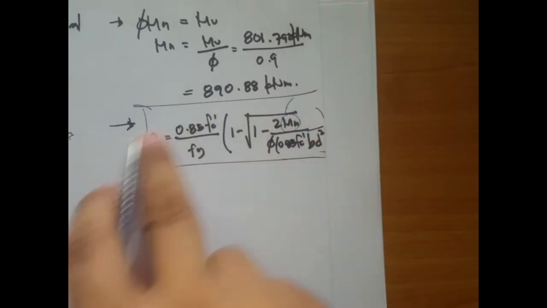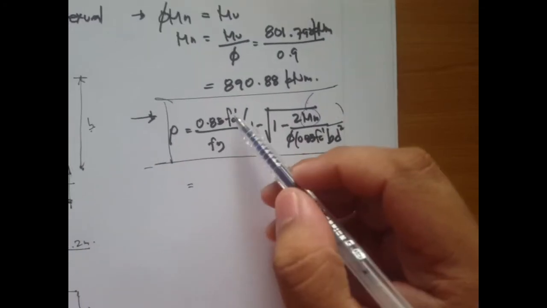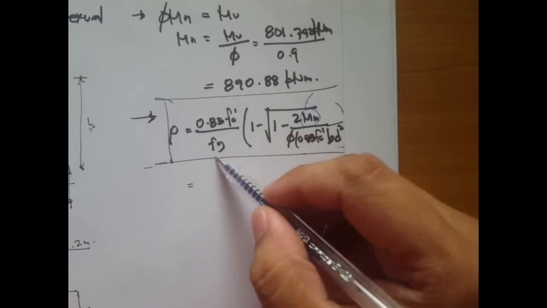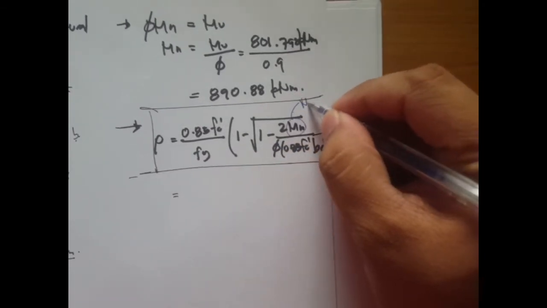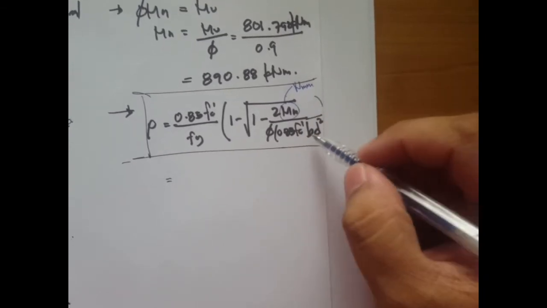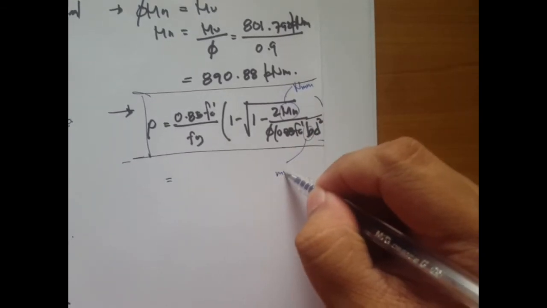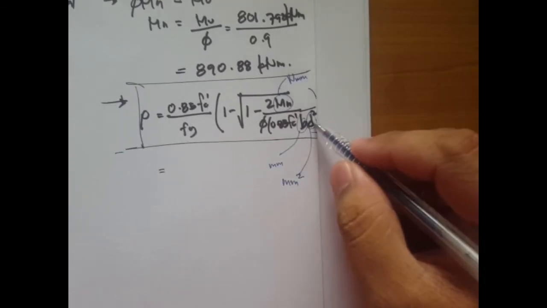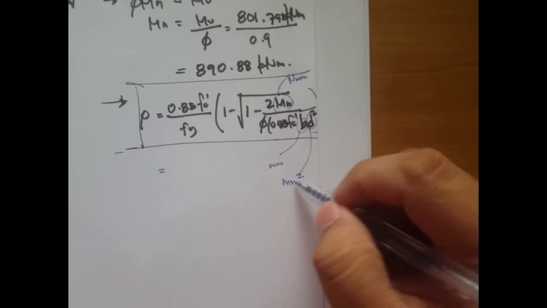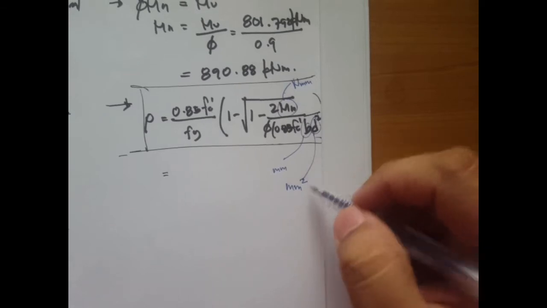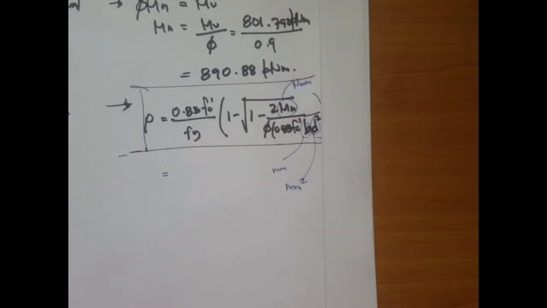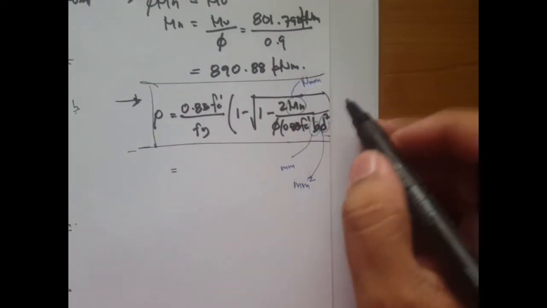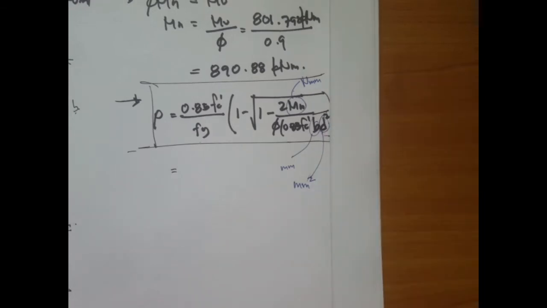But if we're going to use megapascals for Fc prime, and Fy is also in megapascals, then this one should be in Newton millimeter. And take note, the b should be in mm, and this d should be in mm. So take note, that's d raised to 2, or d squared, so that's mm squared. Okay, and this square root sign goes all the way up to this d squared.